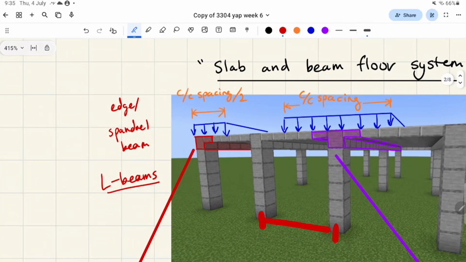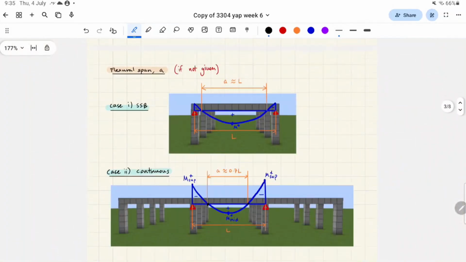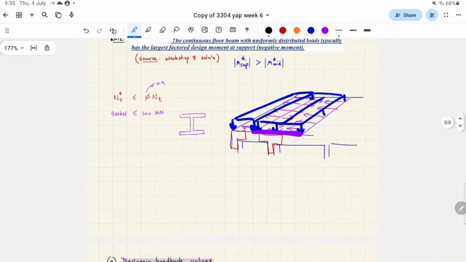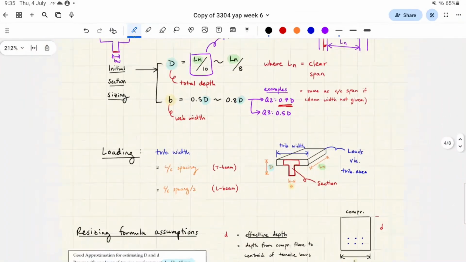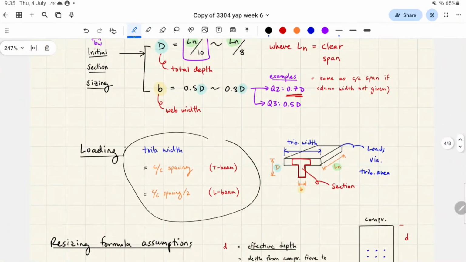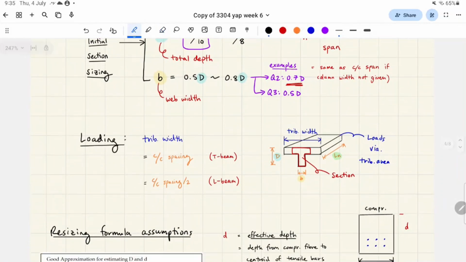We literally just shift the whole thing over and it ends up being in the middle between where the columns are, if that makes sense. So that's this here.